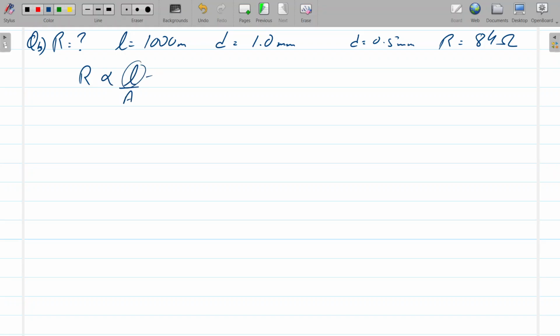And so this guy is the same, so it's not going to play a part, right? And obviously this is D2 and D1 is 0.5, right? R1 is 84 ohms. So how are we going to go about doing this?